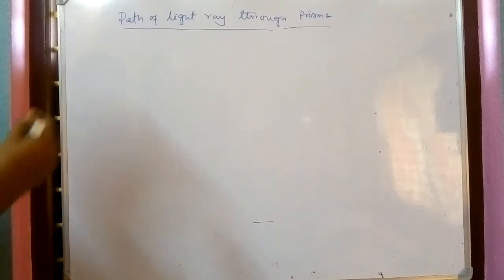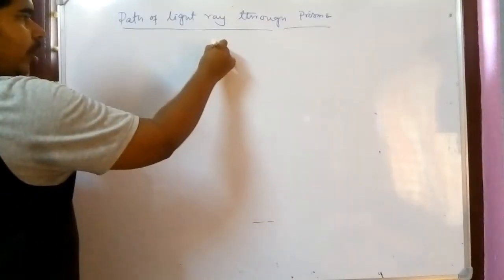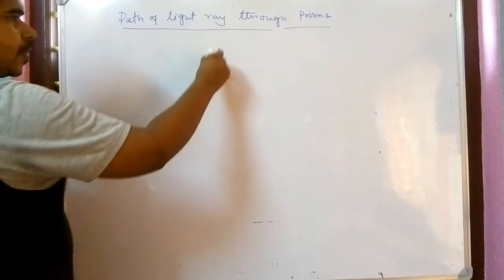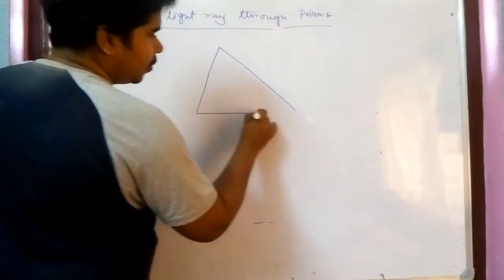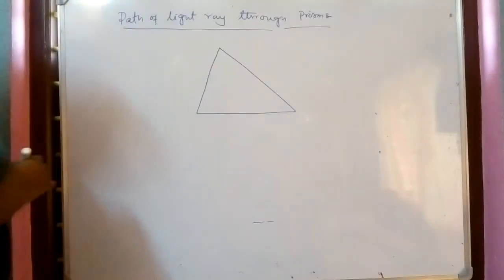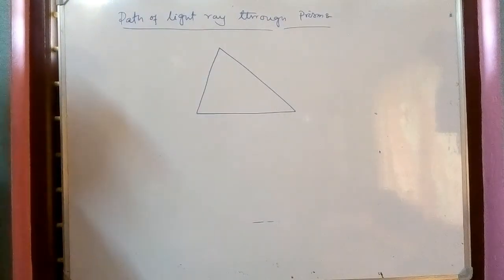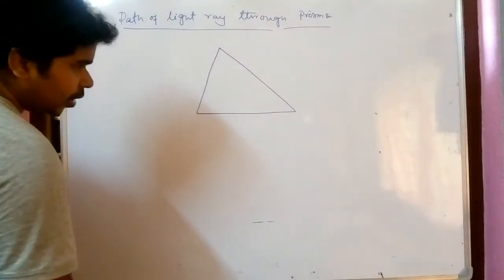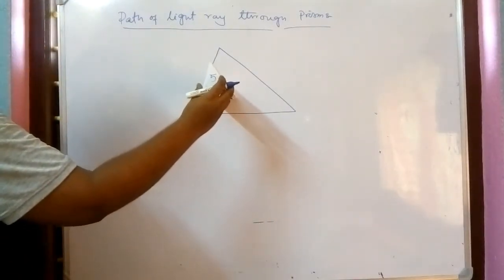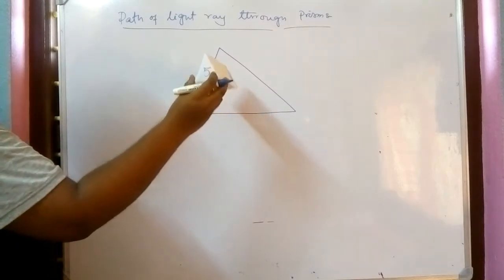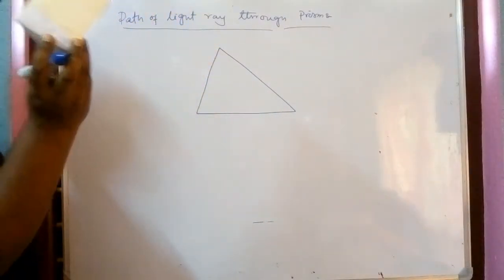As I have already told, whenever we talk about the prism we assume it is a triangular shape. What is the reason? The simple thing is, when we look at the prism from the front, we can see only the triangular surface. The rest of the surfaces are at its back.